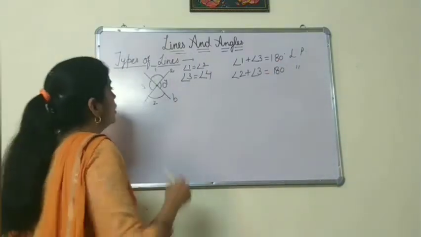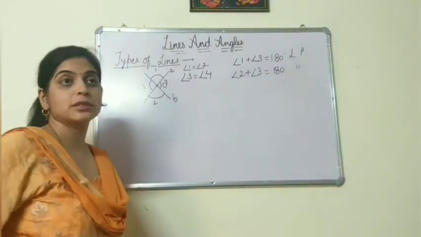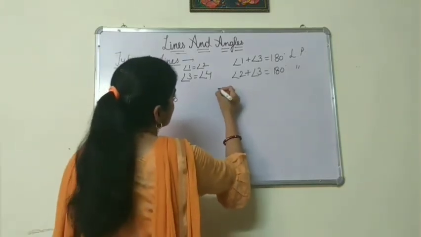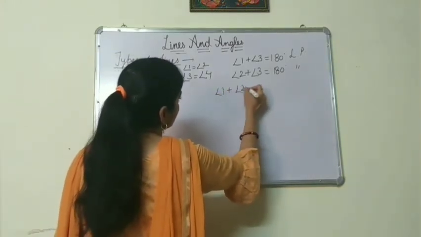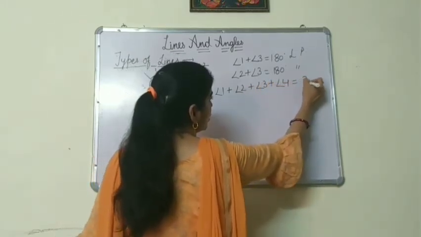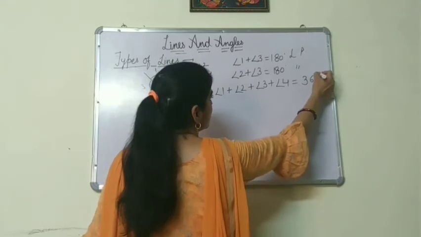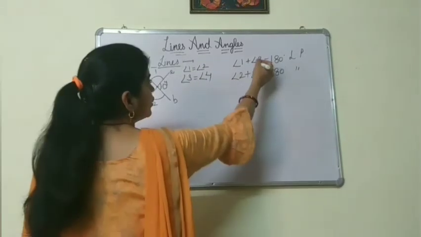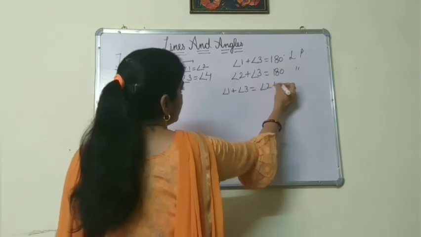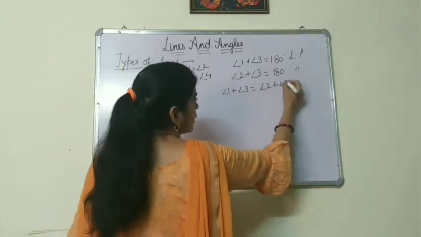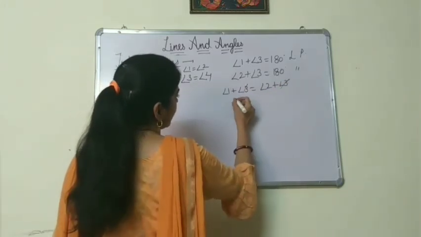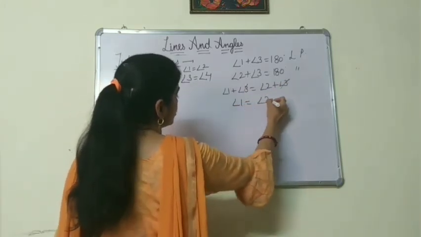And as we know that all angles formed at a point have the sum of 360 degrees, angle 1 plus 2 plus 3 plus 4 is equal to 360 degrees. So we can say that angle 1 plus 3 is equal to angle 2 plus 3 because the sum of both pairs is 180 degrees, and we can say that angle 1 is equal to angle 2.